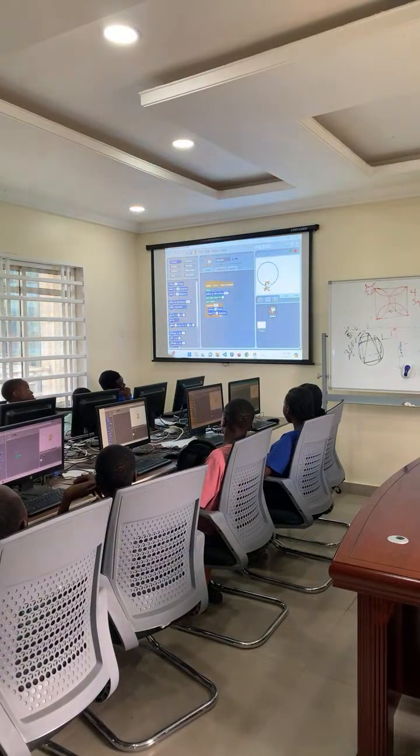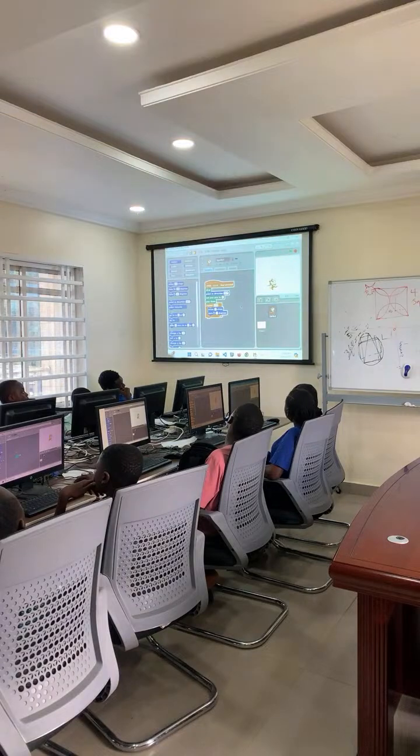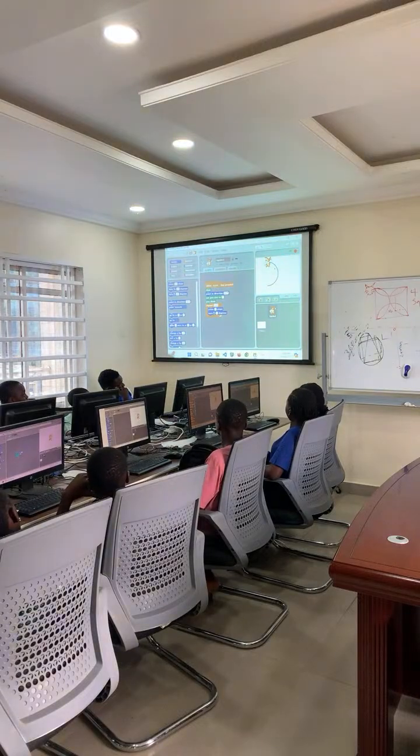Good. So this place should be 180. So let's try it. Right. Now we have a semicircle. So we need 4 of these semicircles.